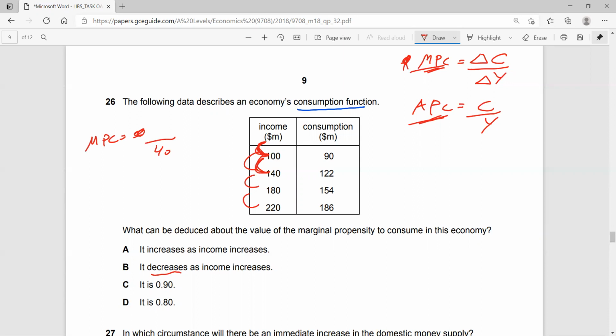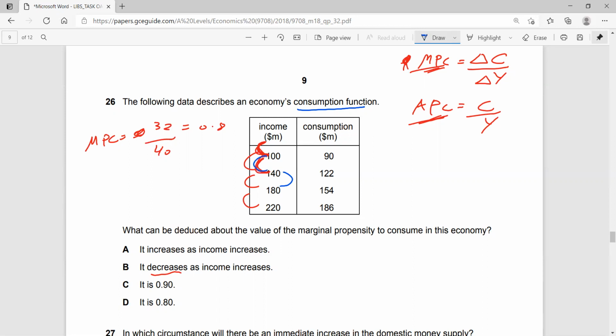And the change in consumption is 90 to 122, so that's an increase of $32. So you can divide by 4, so that's 8 upon 10. So that's 0.8. You can use your calculators in this paper, so the calculations don't matter so much. It's the way to do them that matters, not the actual numeric calculation.